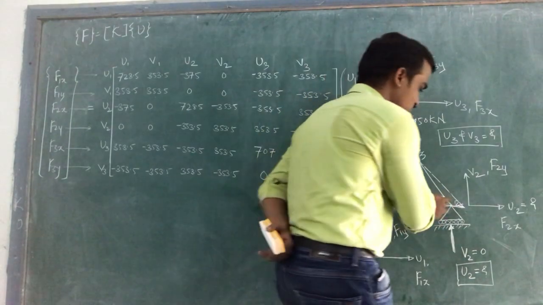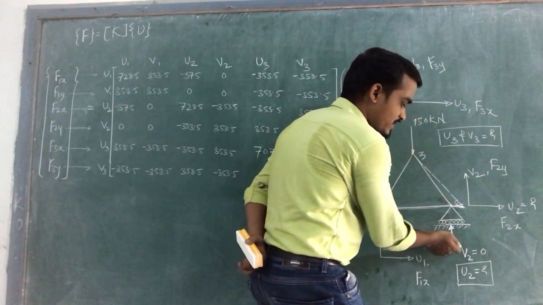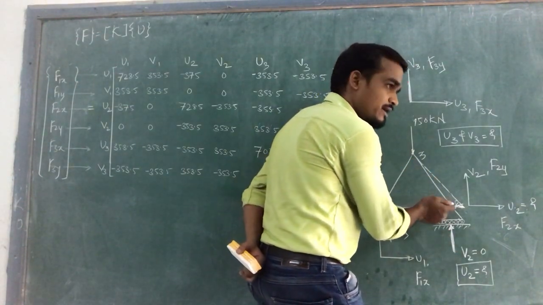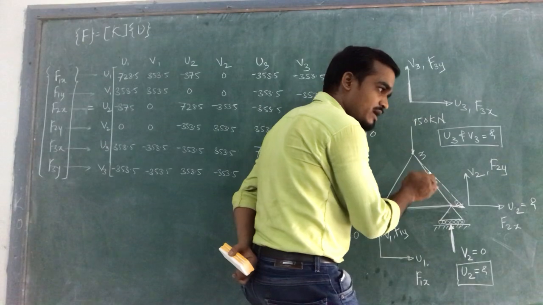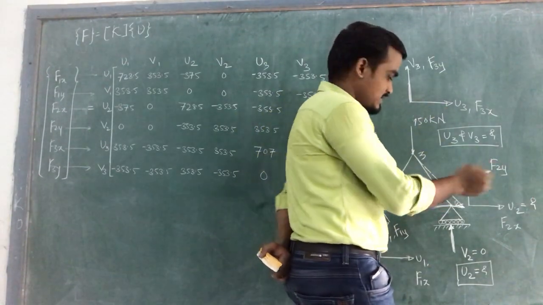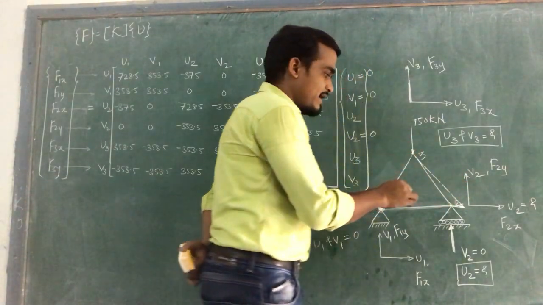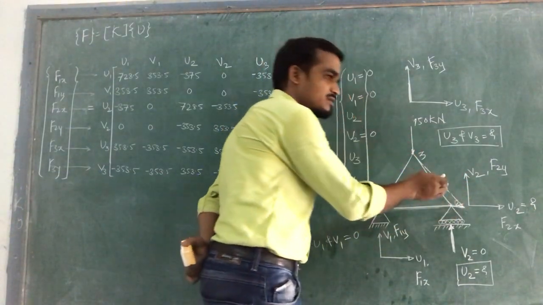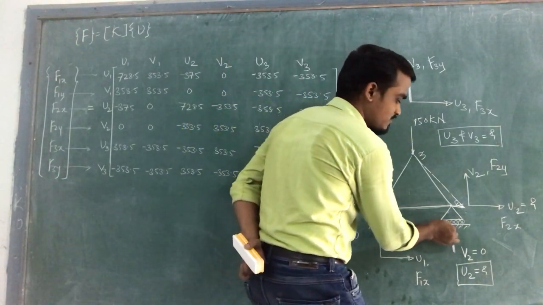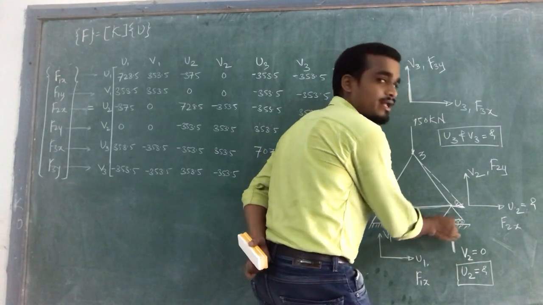Similarly, at this node, there is only one reaction which is acting vertically upward or vertically downward due to this roller support. Due to this roller support, there will not be any type of force in horizontal direction. Okay, this horizontal direction is not restricted. It means at this node, a horizontal force is not given, but the vertical force is nothing but the roller support reaction.